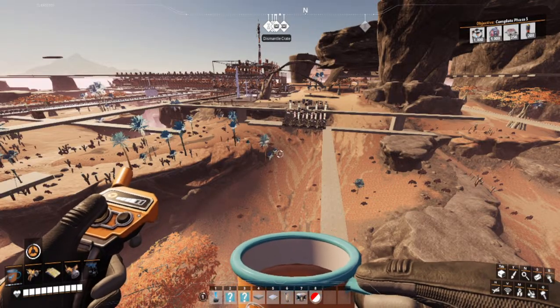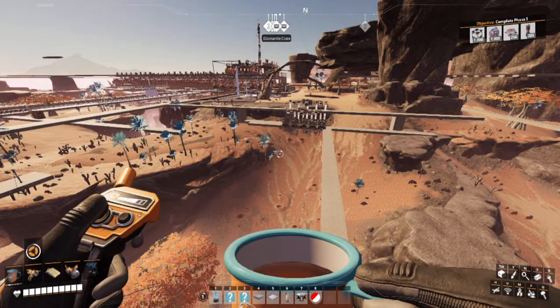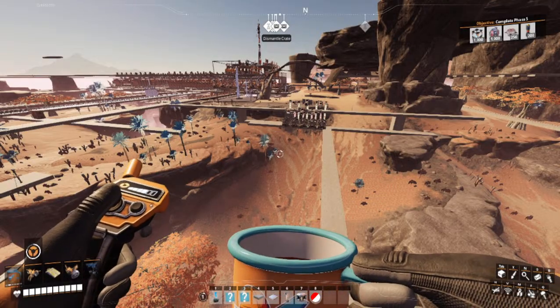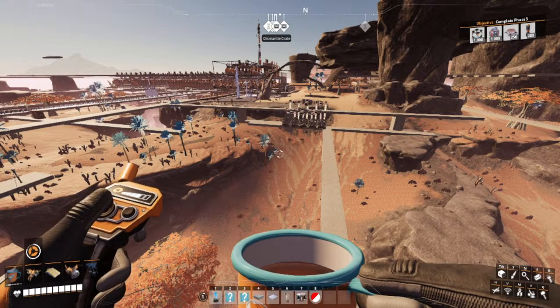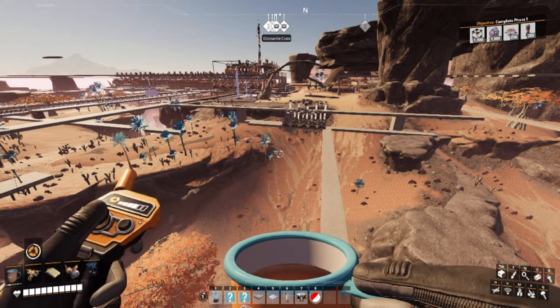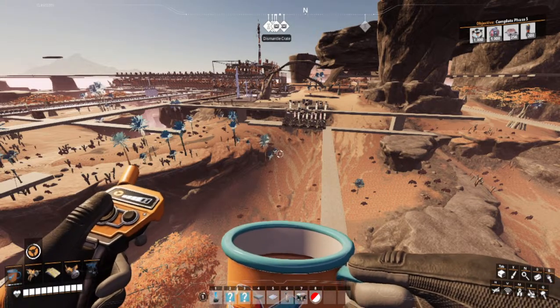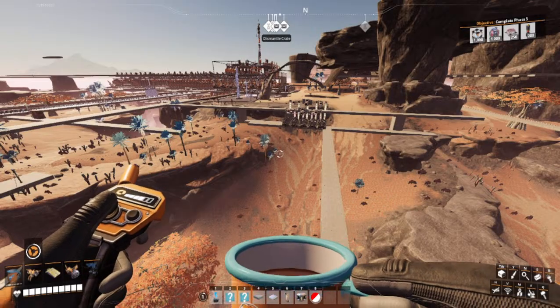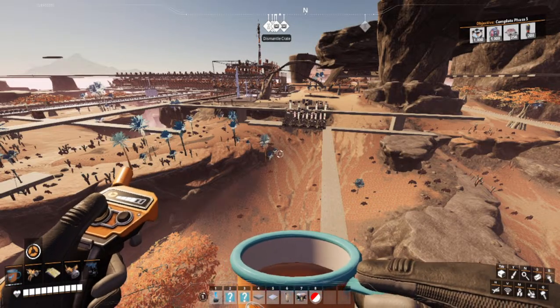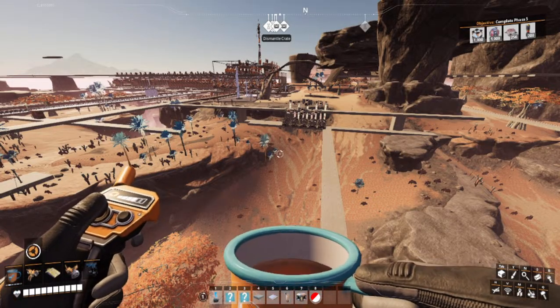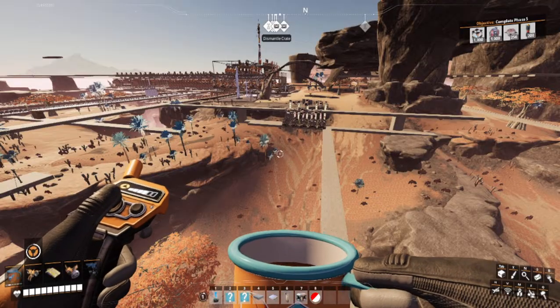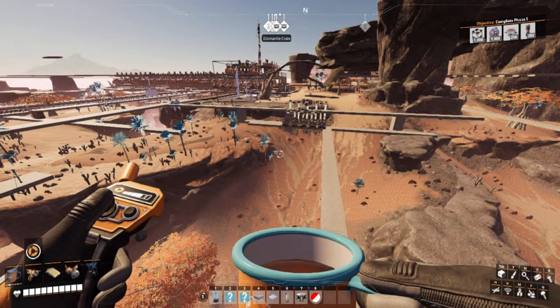Why is that 8? I was doing some math earlier and I wrote it down and totally forgot what it was. 160 divided by 5 is 32. 160 divided by 20 is 8.